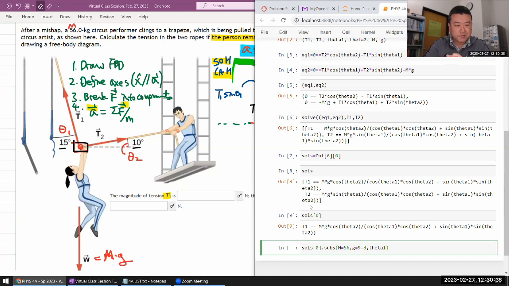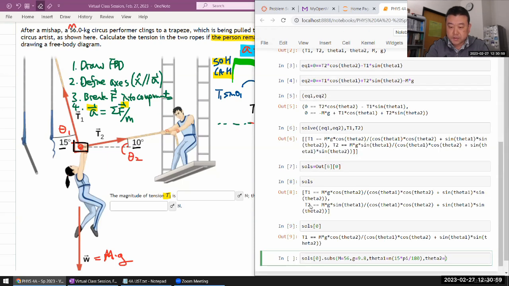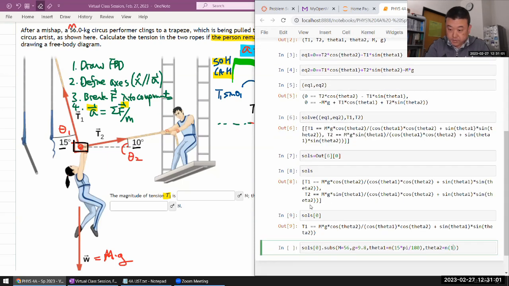Now, SageMath only understands radians, not degrees. So I need to enter theta 1 as 15 degrees and then convert it to radians, times pi over 180, and make sure this is a decimal approximation. Theta 2 is 10 degrees, so 10 times pi over 180, so that it will be in radians when it calculates.